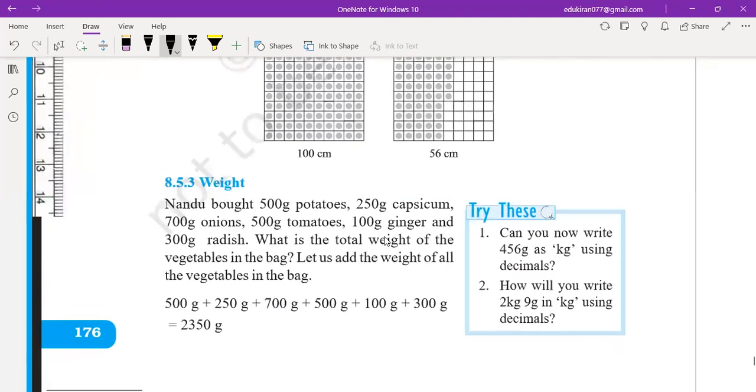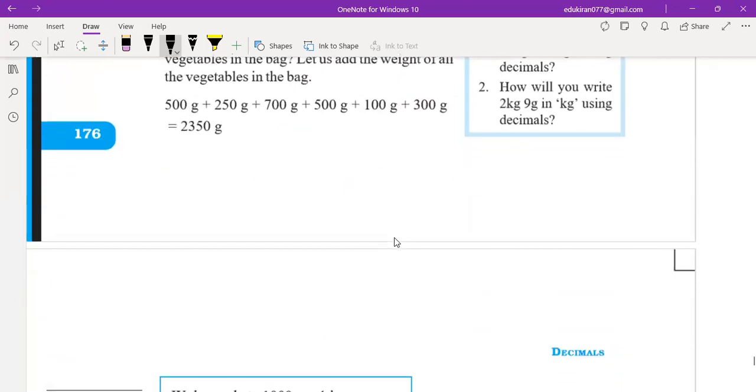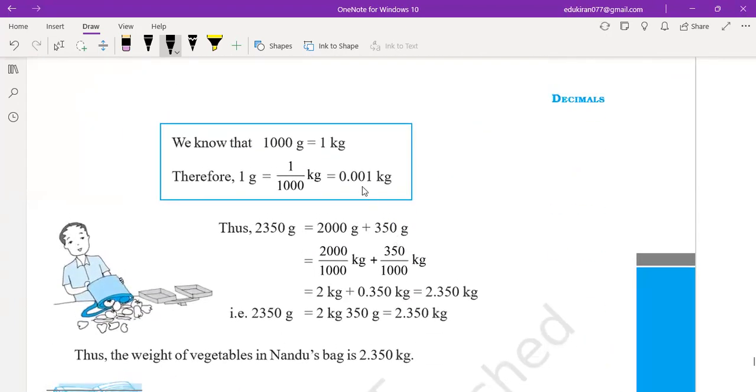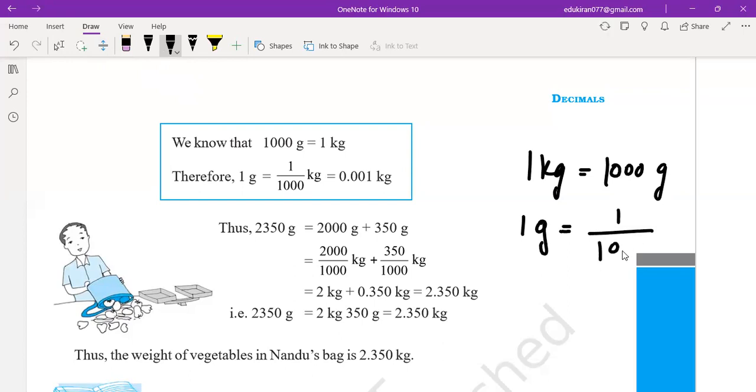Okay. Now next is weight. When you have to measure a weight, it will be for the kg, right? So this is what you will write: 1 kg equals 1000 gram. But in case I ask you 1 gram, it would be 1 upon 1000 kg. Clear?